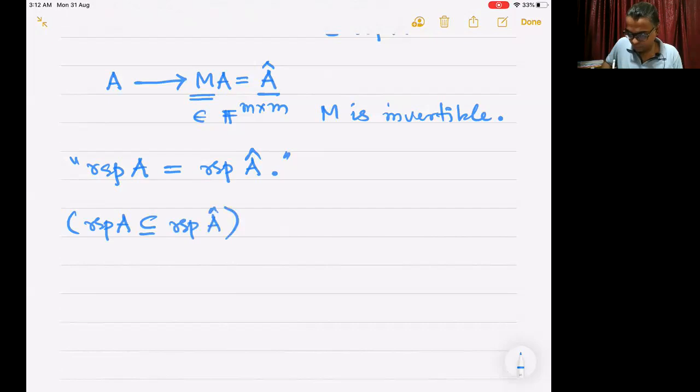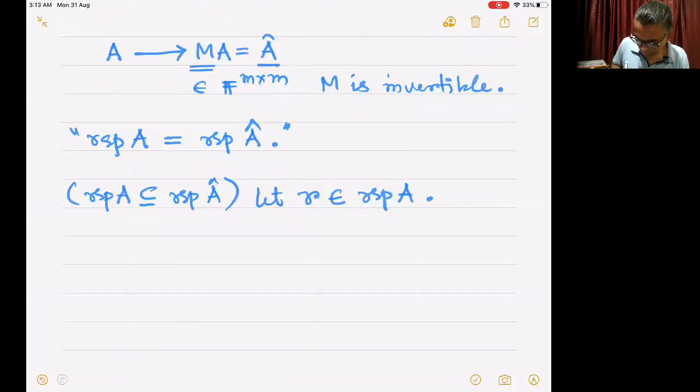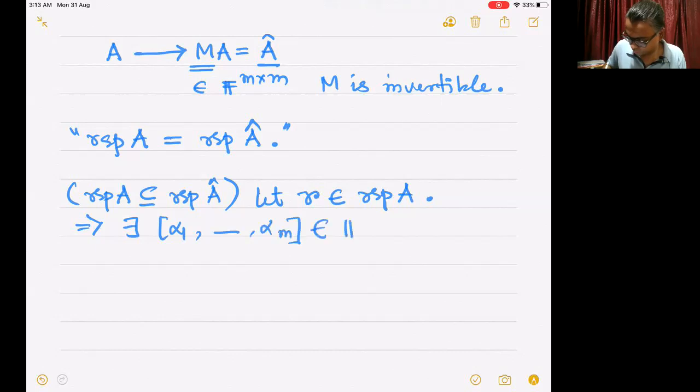What do I have to do for that? Let R be a typical element of row span of A. This implies there exists alpha 1 up to alpha m, an element in F^(1 cross m), let me call this alpha, such that alpha A must be equal to R. That is how row span is defined.